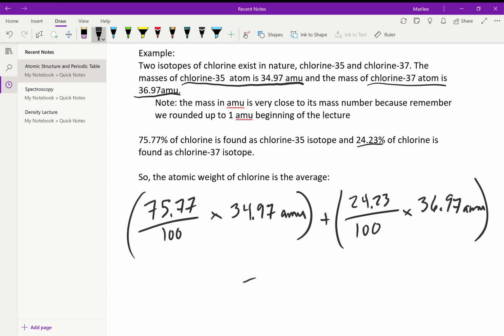So when you calculate this, you will get 35.45.